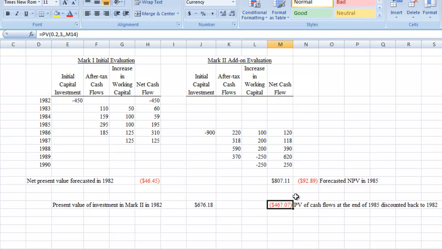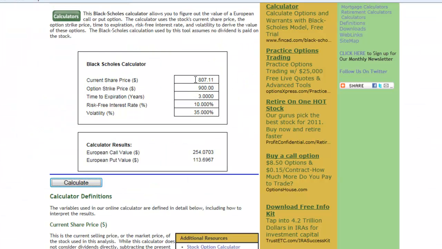And this really isn't a negative because this is not net of any investment or anything. So this should be a positive. It's just that that's the way I calculated it. Okay, so we're going to put that in on our Black-Scholes calculator. We had 467. If that was wrong, I can come back and fix it later.